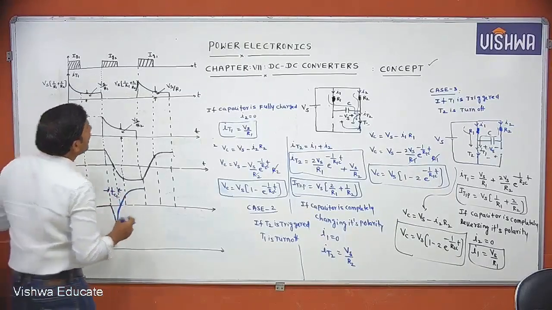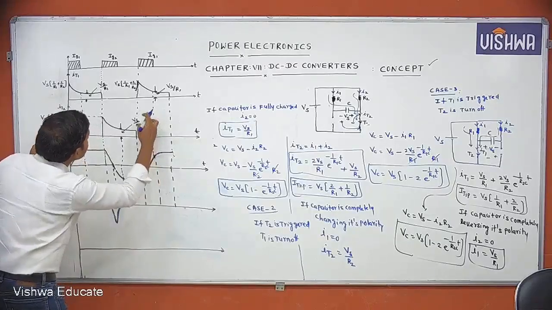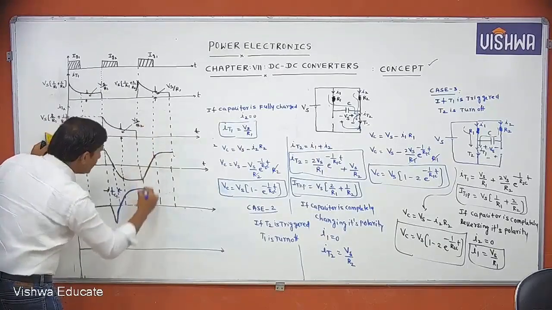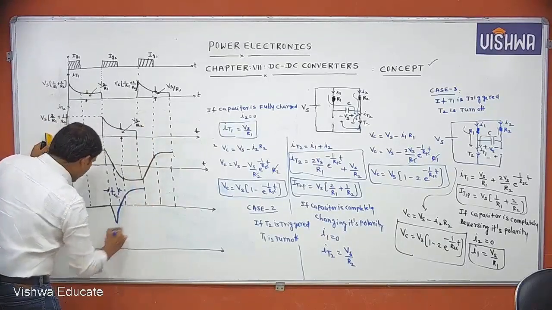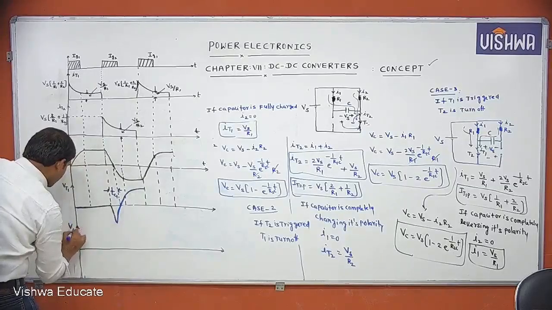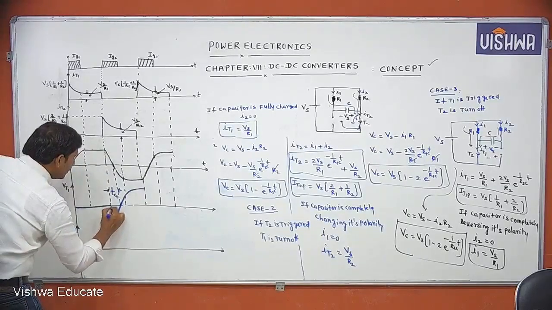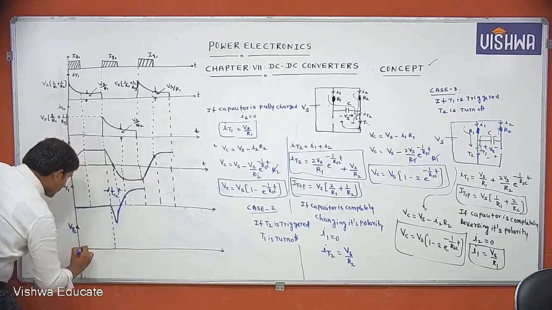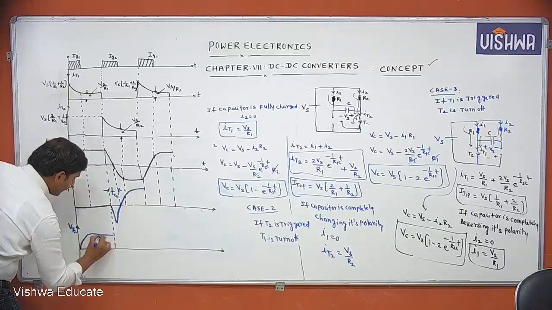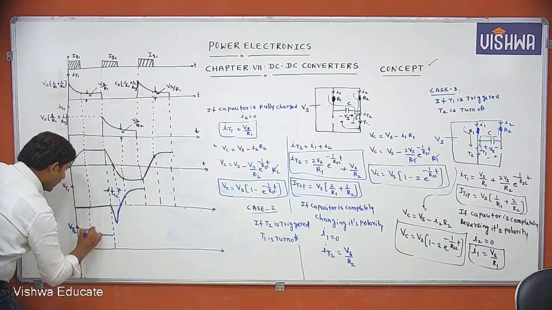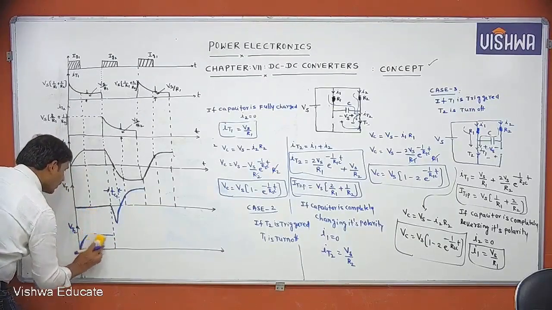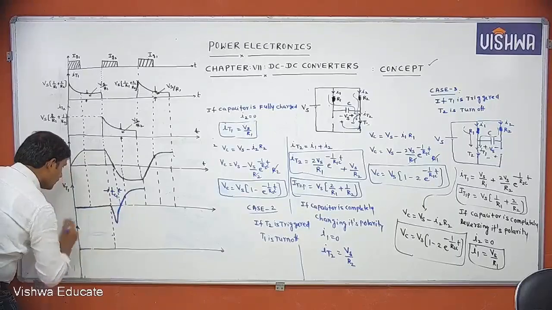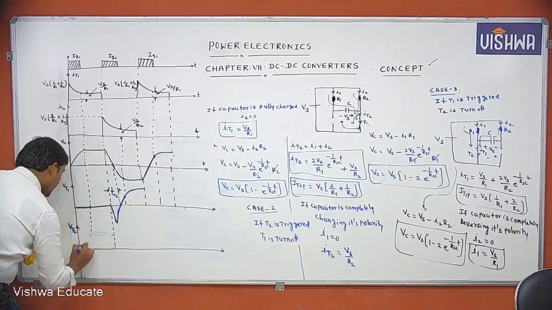Again here T1 is triggered, now at this instant. If T1 is triggered, I am drawing the voltage across T2. Up to this, the voltage across T2 is forward voltage, because the capacitor is charging.